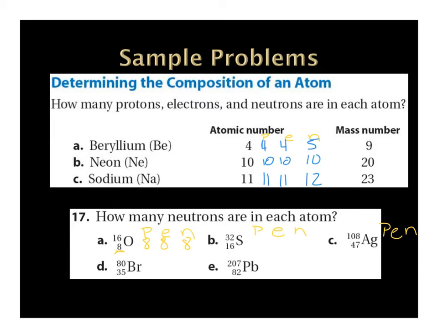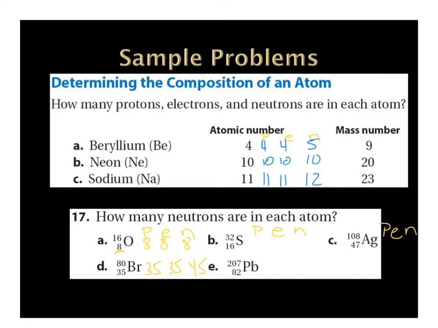Looking at bromine, we have 80 minus 35 to give us a neutron count of 45. We also have 35 protons, 35 electrons.